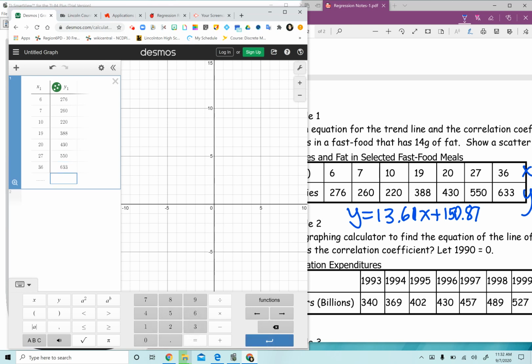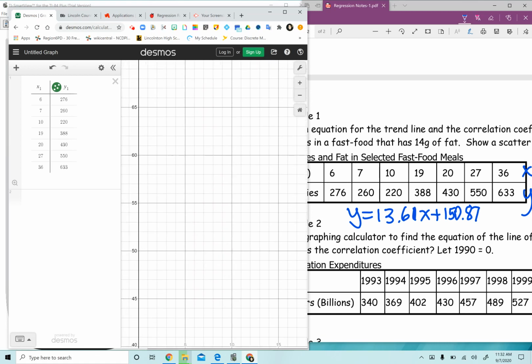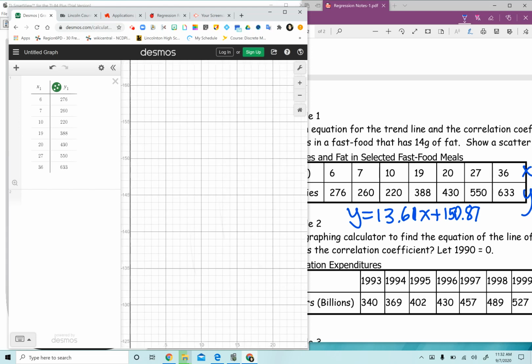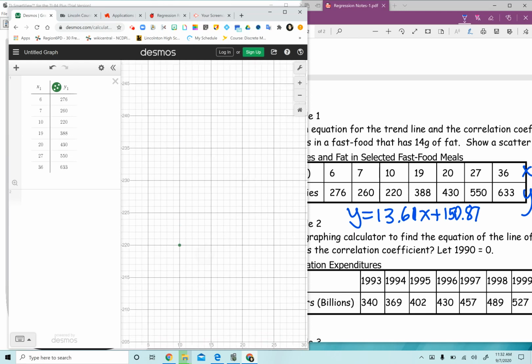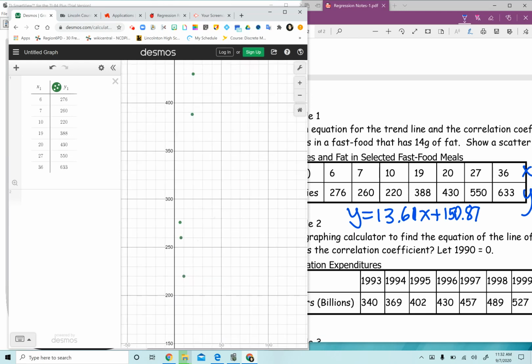Now, you can't see it because we're on a 10 to 10 window, but if we zoom to 200 and something, you will see that your calculator is actually graphing these points.